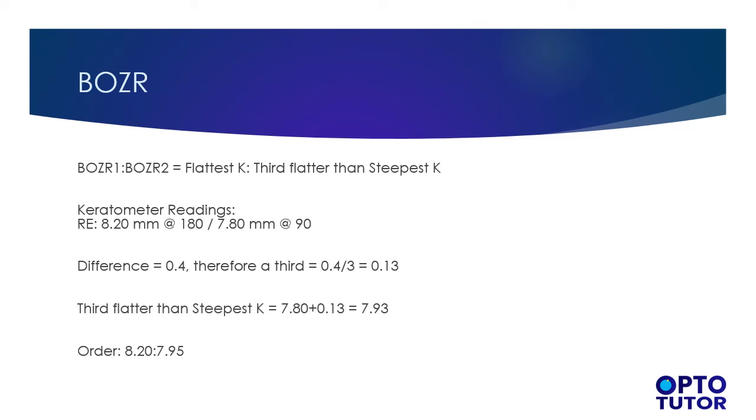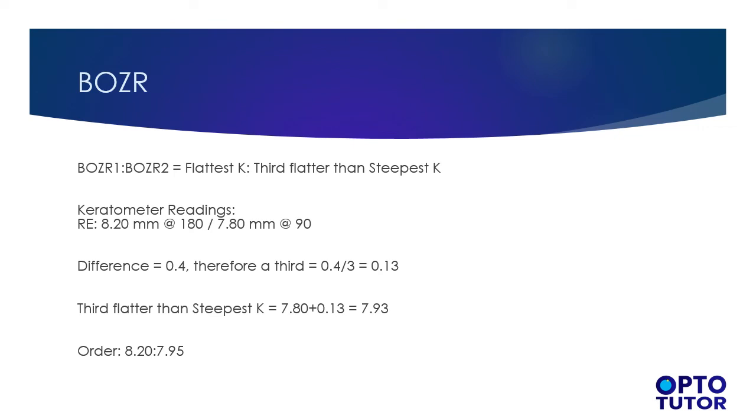So again, using the same keratometry readings, the difference between the two, so 8.2 minus 7.8 is 0.4. Therefore, a third of that amount is 0.13. So a third flatter than the steepest K means that we need to add on the 0.13 to the steepest K, which is 7.8, which gives us 7.93.